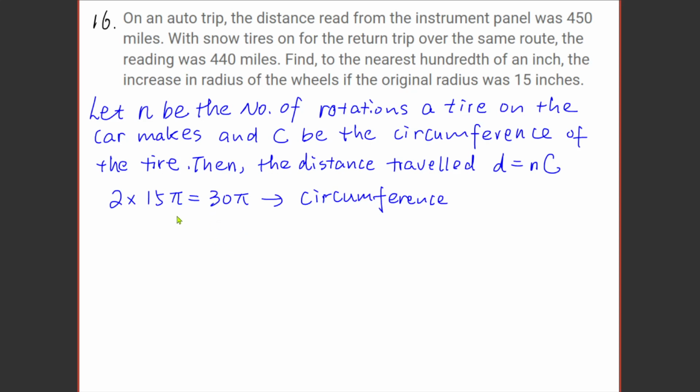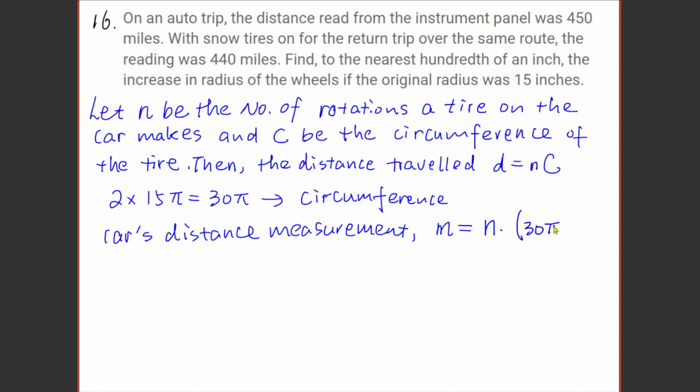So the car's distance measurement, m, is given by this formula: m equals n times 30 pi, right? This is the car's distance measured.